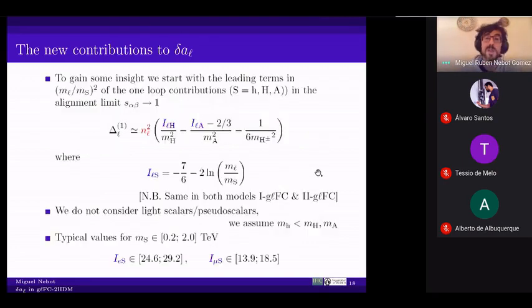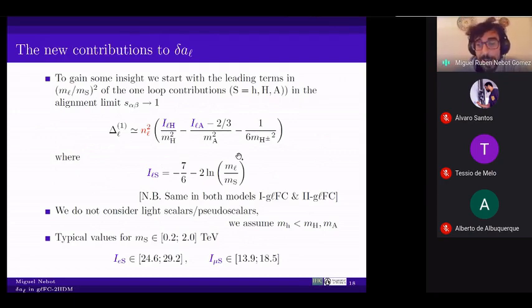To simplify this initial analysis, we go to the leading terms, expanding in the light lepton mass over the scalar mass, in the alignment limit in which there is no mixing in the scalar sector. This is the kind of thing that you get, a simplified expression in which these functions come from the loop. They have this form here.